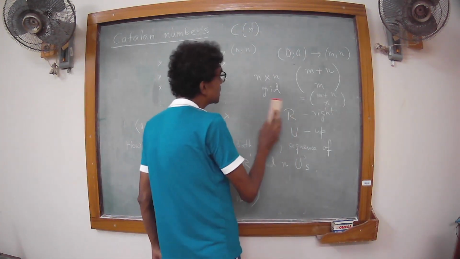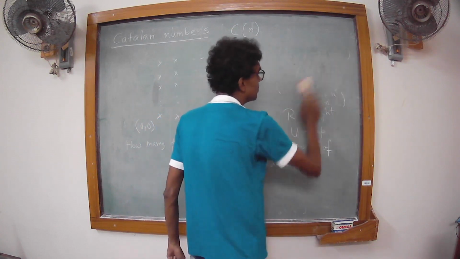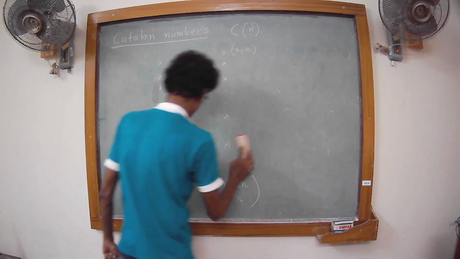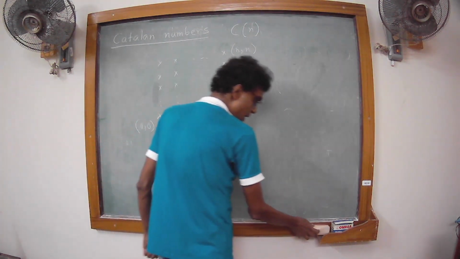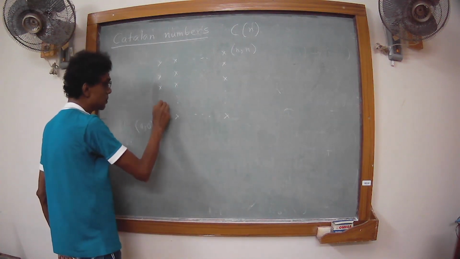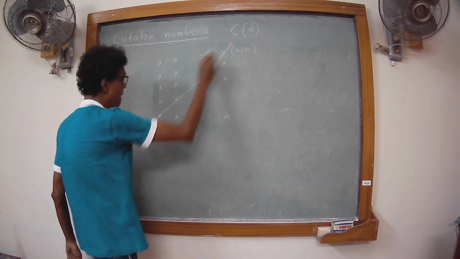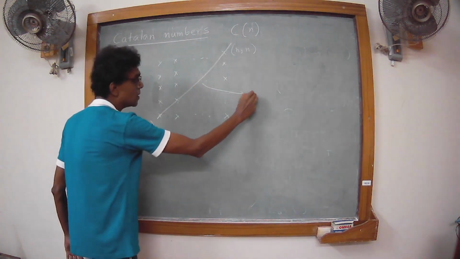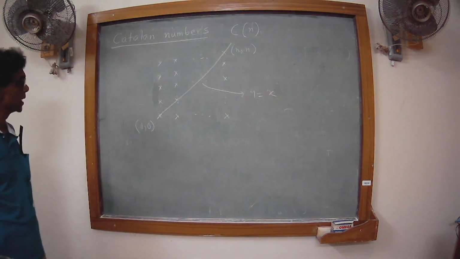So the Catalan number asks for a very related question. Again, it asks how many paths are there, but now you look at this. Maybe this is the second line. So this is the line y equal to x.